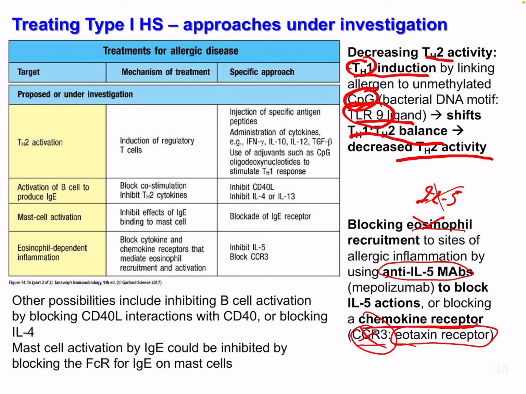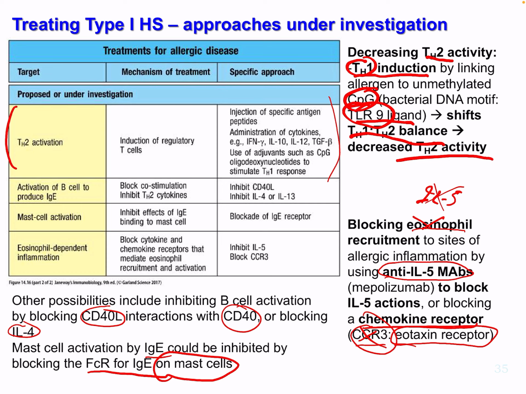Other possibilities include inhibiting B-cell activation by blocking CD40L, interaction CD40, or blocking IL-4. Mast cell activation by IgE could be inhibited by blocking the Fc receptor for IgE on mast cells. So again, here are different things.